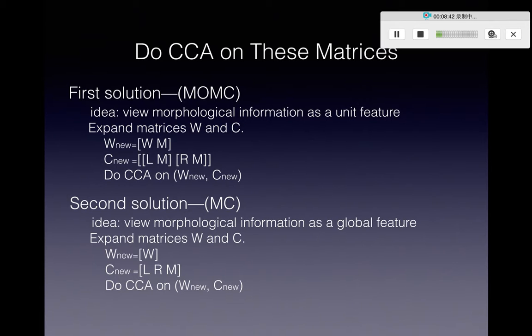W new is equal to W, and C new is constructed by concatenating C and the morpheme information matrix M. Then we will do CCA on W new and C new. We will use the corresponding projections of these matrices as word embeddings.